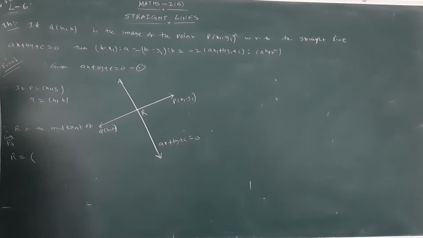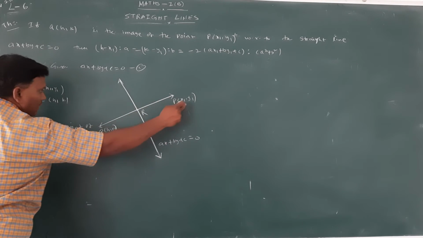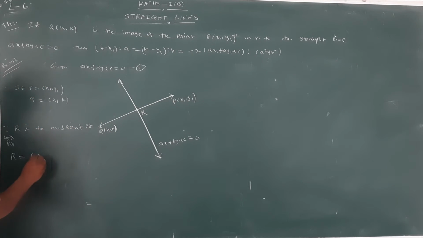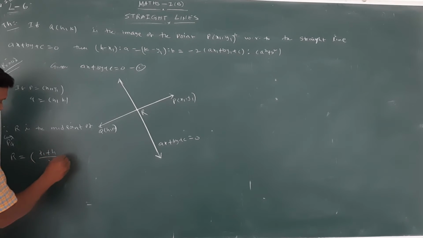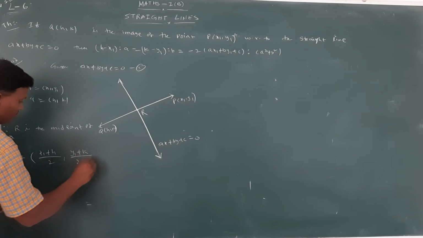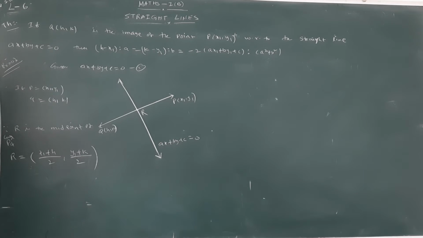What is the midpoint formula? ((x1 + x2)/2, (y1 + y2)/2). If A is (x1, y1) and B is (x2, y2), then the midpoint of AB is ((x1 + x2)/2, (y1 + y2)/2). Here the midpoint is ((x1 + h)/2, (y1 + k)/2).